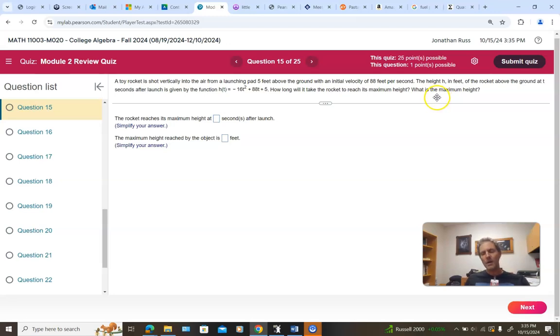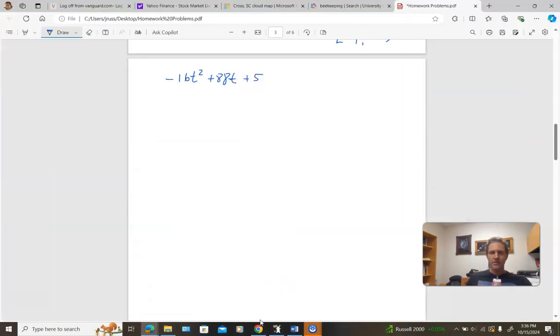So if you remember from class, really what it's asking us here is to find the vertex. The y-coordinate will be the maximum height, and the x-coordinate will be the time that it takes to reach its maximum height. Okay, so again, we're using the same formula to find the vertex, except I'm going to use t instead of x. So t will be equal to negative b over 2a, which will be negative 88 over 2 times negative 16.